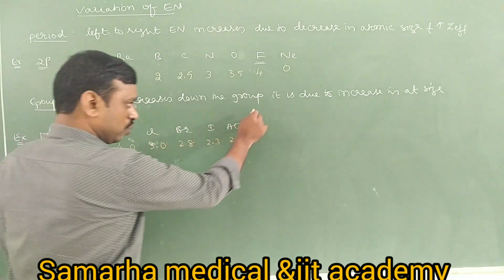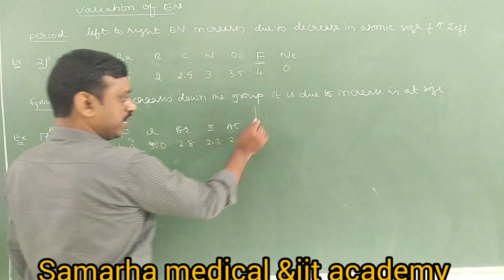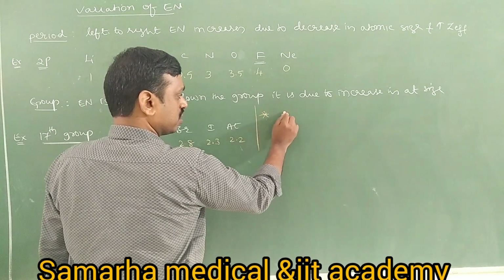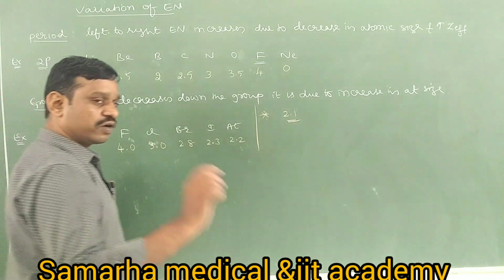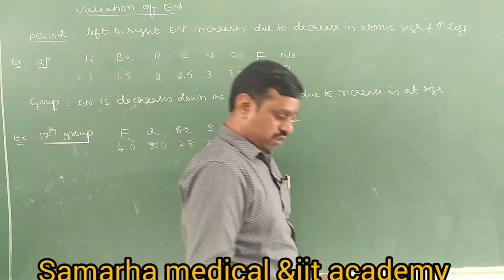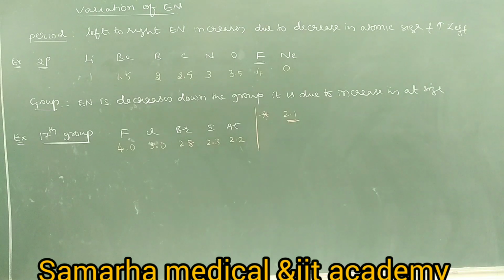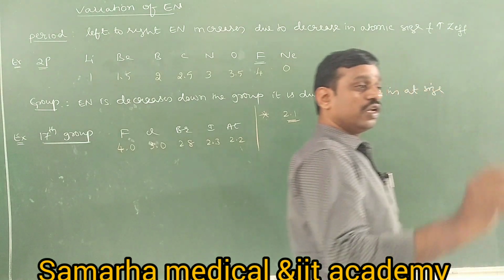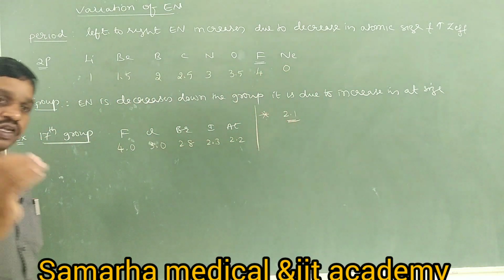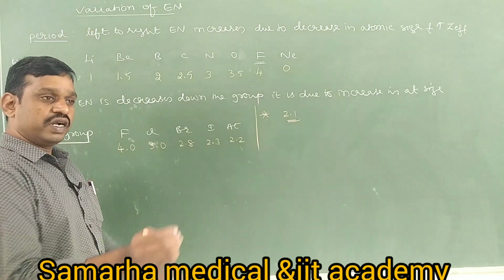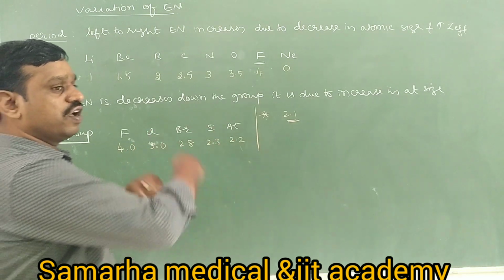To determine the electronegativities of all the elements, the electronegativity of hydrogen is taken as standard, that is 2.1. Do you remember in electrochemistry, to calculate the electrode potentials of other electrodes, we take the standard hydrogen electrode, whose potential is 0? By taking the hydrogen electrode potential as 0, we compare the electrode potentials of other electrodes.